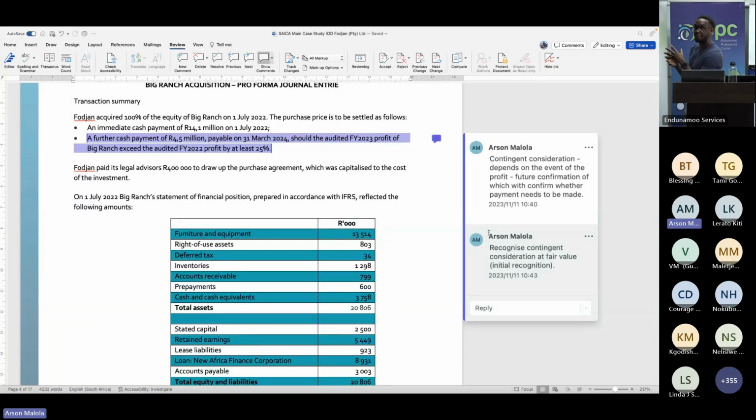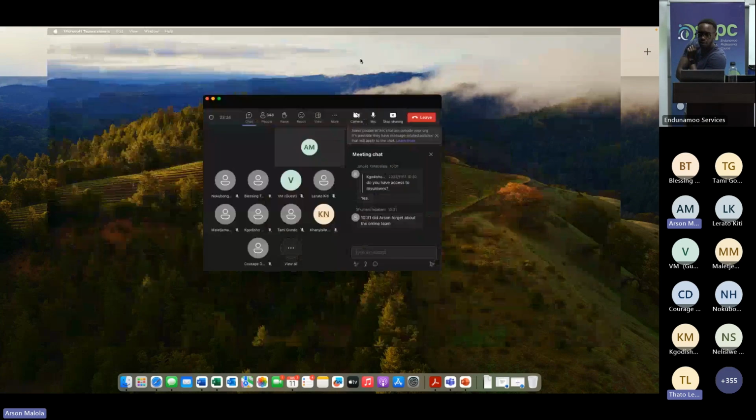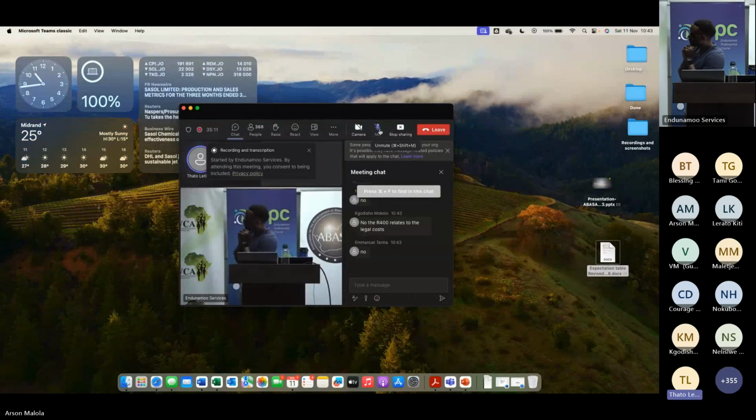Because remember, on the balance sheet is 14.5. I think someone online's unmuted. Someone online, go for it. You said we should recognize at fair value. Doesn't it count against you if you're not specific which fair value?